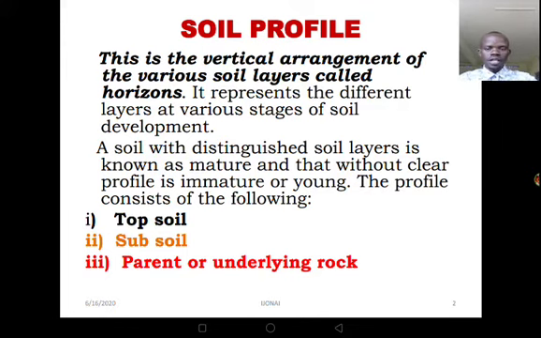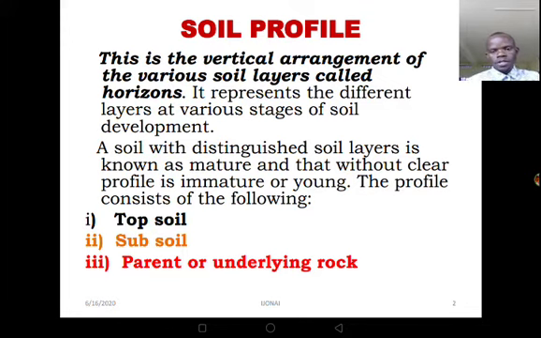Like Mr. John I said in the first lesson, for soil to be formed, it takes a very long period of time. Now, soil which has distinguished soil layers is considered to be mature, whereas that one which is not having distinguished soil layers is considered to be immature or young.